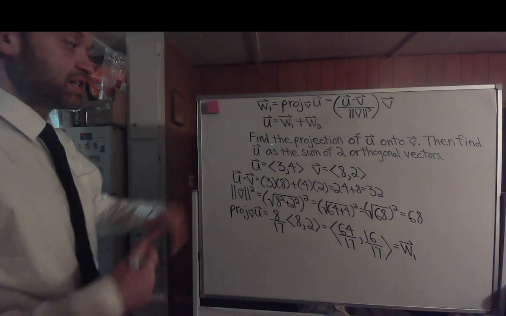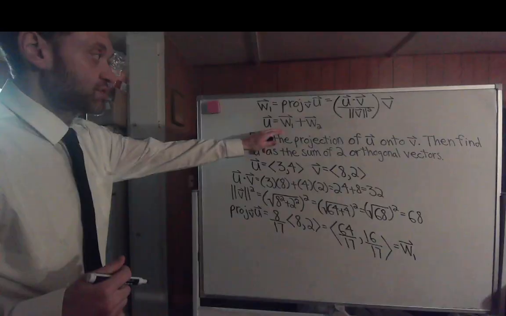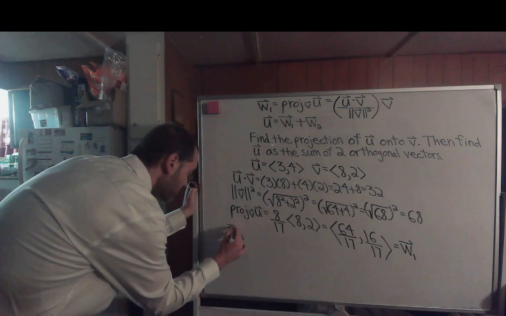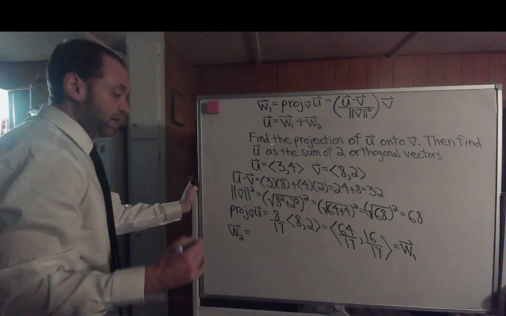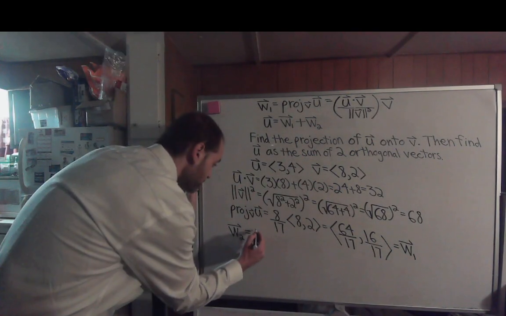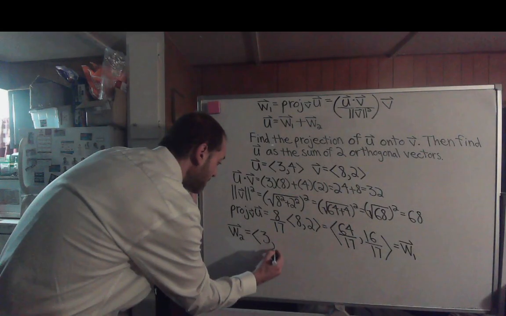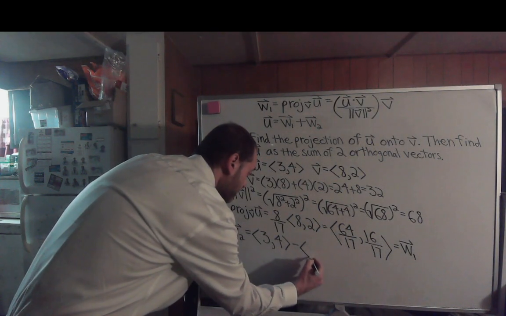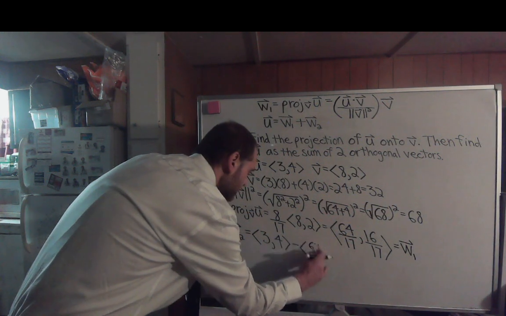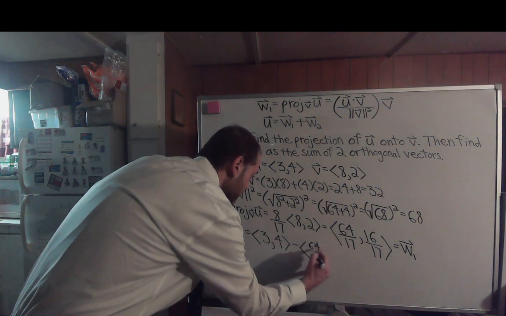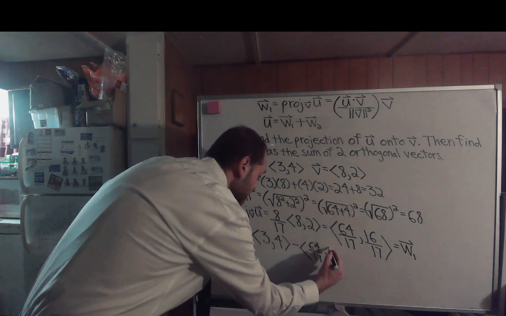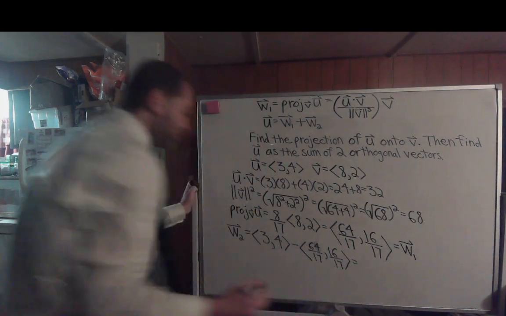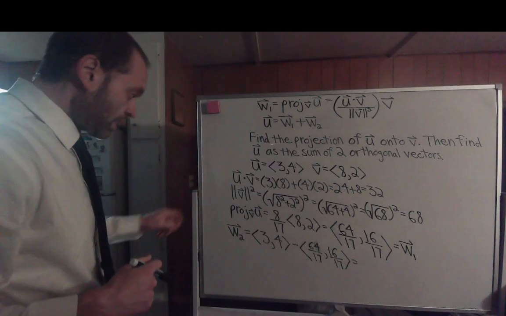Now to find vector w sub 2, we just subtract vector w sub 1 from u. So vector w sub 2 is going to equal vector u, which is 3, 4, minus 64/17, not 67/17, 64/17, 16/17. Okay, so let's see.